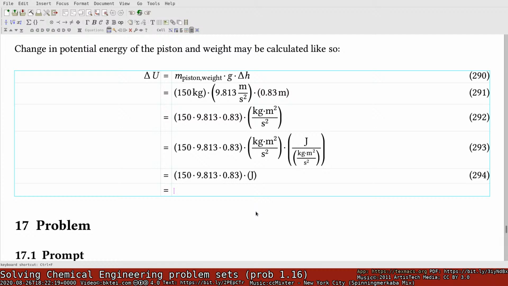All right, so 150 times 9.813 times 0.83 equals 1,221.7185 joules.